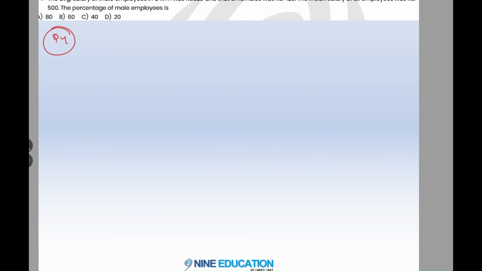So, the average salary of male employees is 520. Let's denote the number of males N1, the number of females N2. The average salary of males as S1 bar and the average salary of females as S2 bar, which is given.